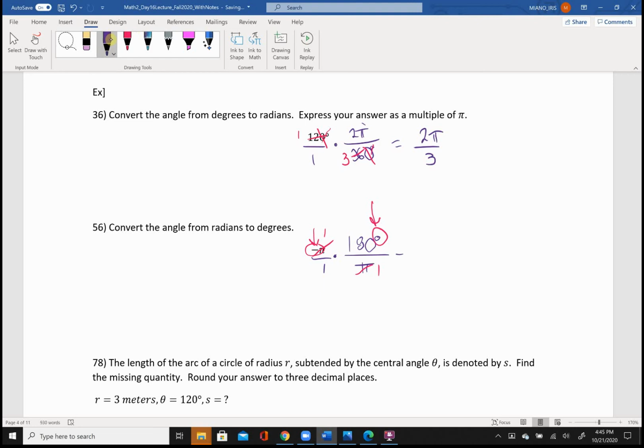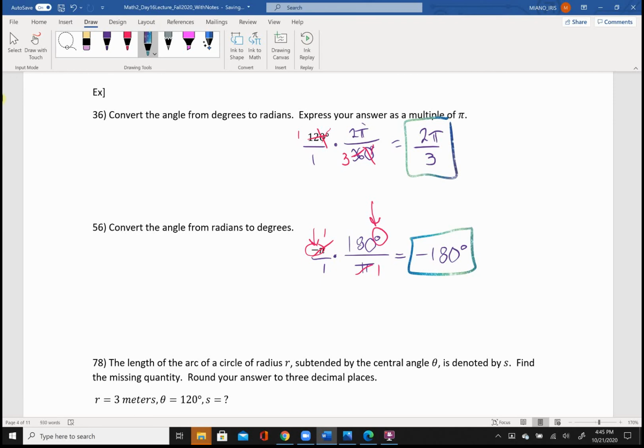So that'll give me negative 180 degrees. Yes, you can have a negative angle measure, and that's just going to be representing a clockwise swing in your coordinate plane as far as the conceptual visual is concerned.